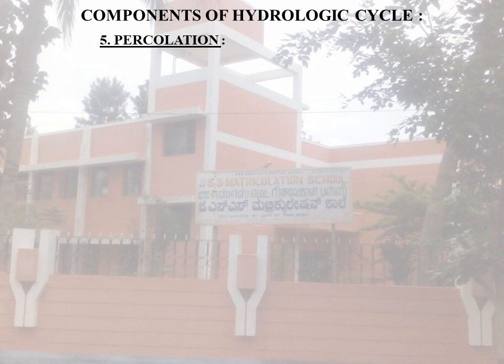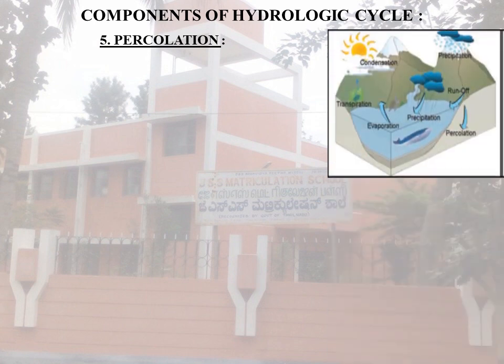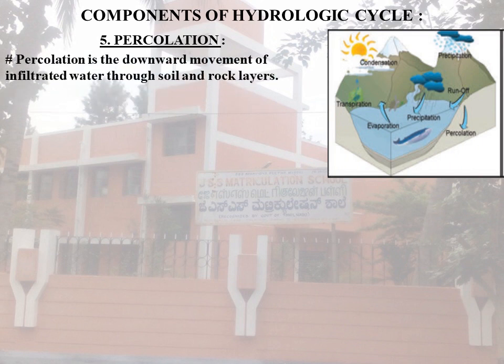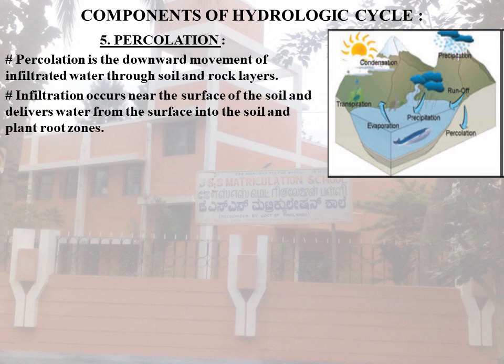Percolation is the downward movement of infiltrated water through soil and rock layers. Infiltration occurs near the surface of the soil and delivers water from the surface into the soil and plant root zones.